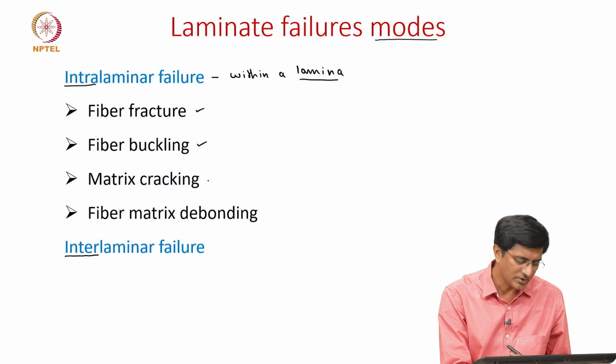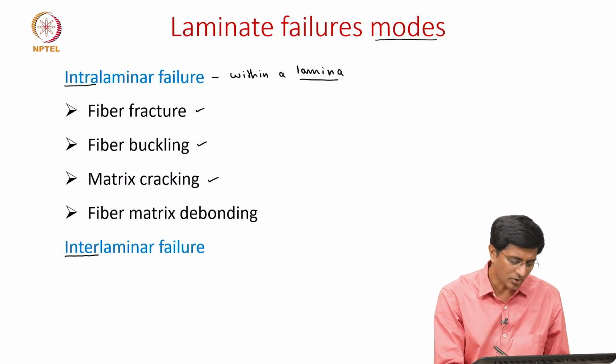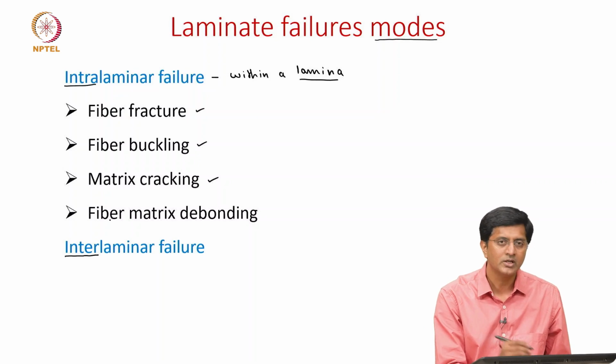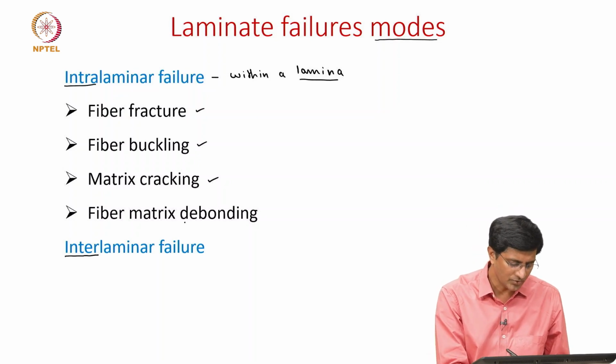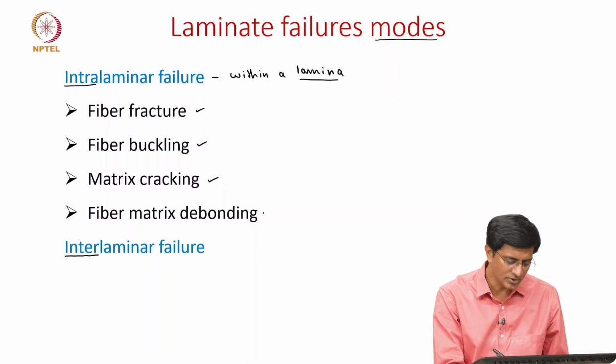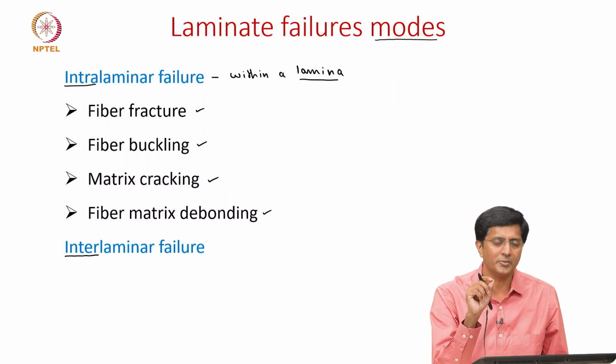Regarding the matrix, there are micro cracks which can occur because of the loading, either tension or compression. And there is also another mechanism where the bonding between the fiber and the matrix is gone, which we call the fiber matrix debonding mechanism. These are the common mechanisms in which a composite fails within a single layer of lamina.